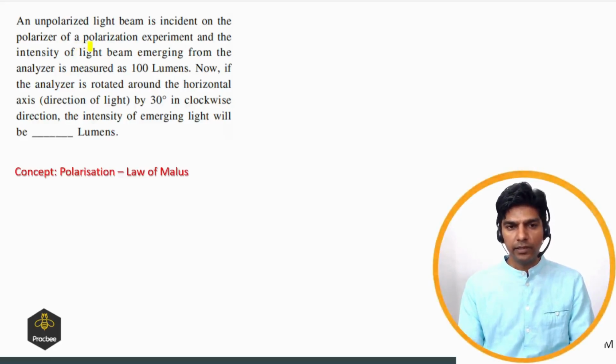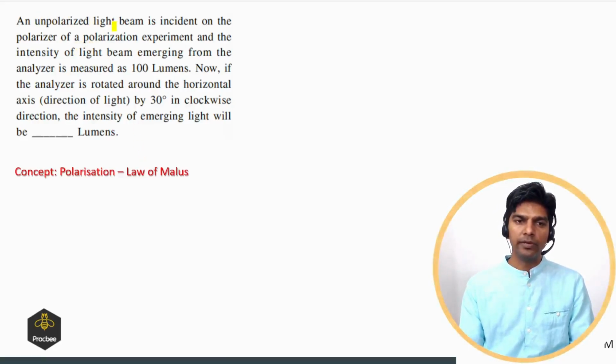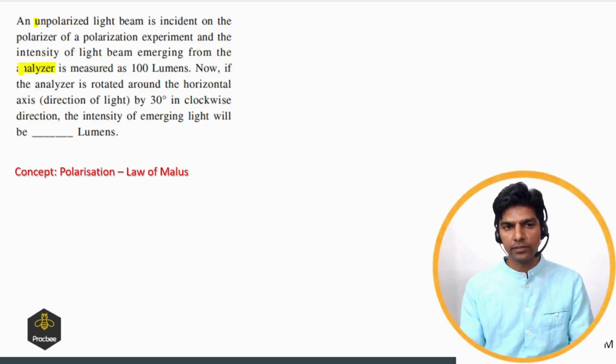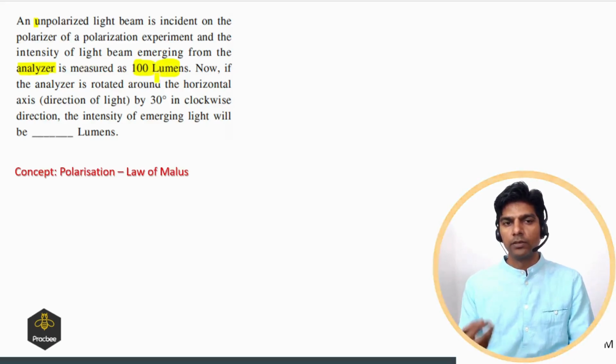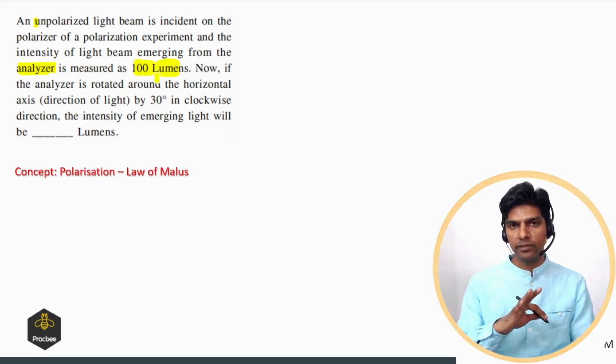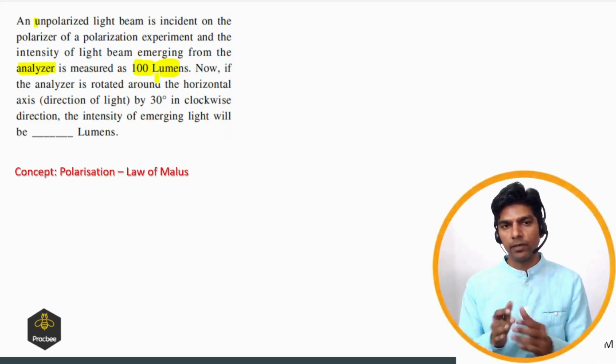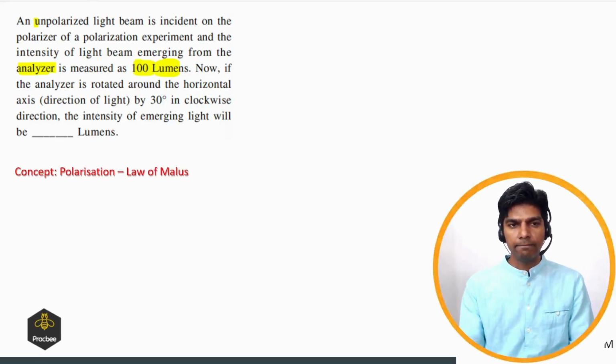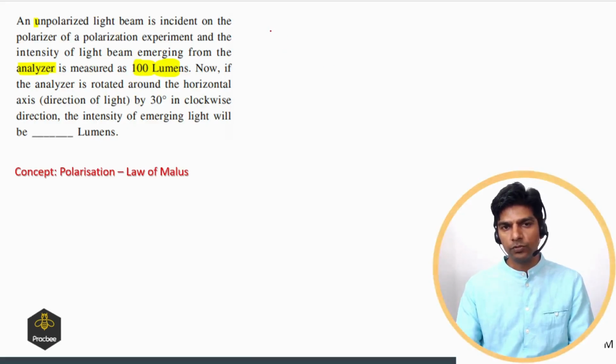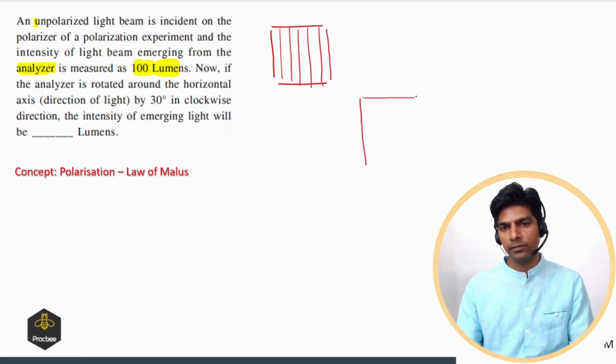Right, so now let's see another illustration based on law of Malus. An unpolarized light is incident on a polarizer, and the intensity of the light beam emerging from the analyzer is measured to be 100 lumen. So when we are given polarizer and analyzer, it means there are two Polaroids, right? If I show you the situation, this is, let us say, the polarizer, which is having a pass axis vertical, and then we have an analyzer, which is also having a pass axis vertical.